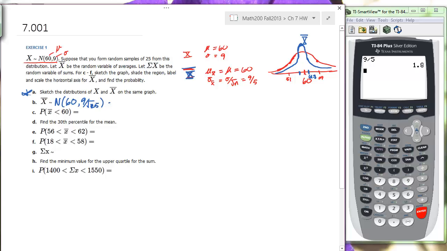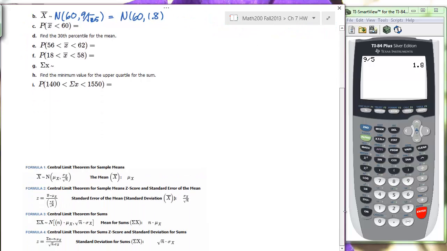So we can rewrite that as the normal distribution of 60 and 1.8. By the way, these formulas can be found at the end of the section where you get the mean and the standard deviation for x bar.